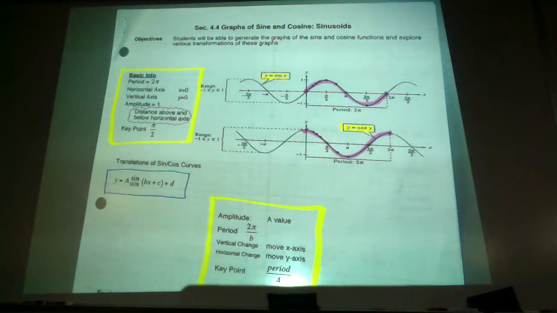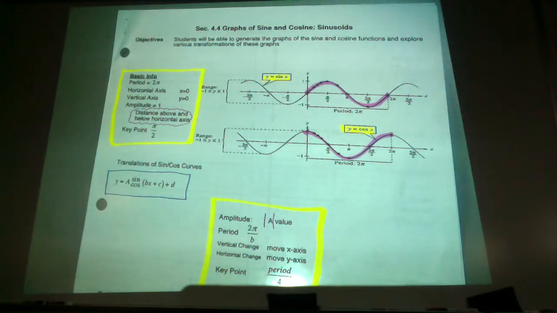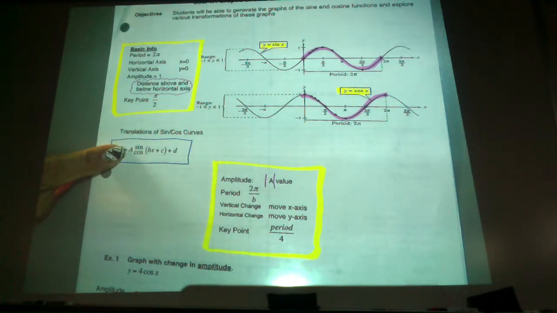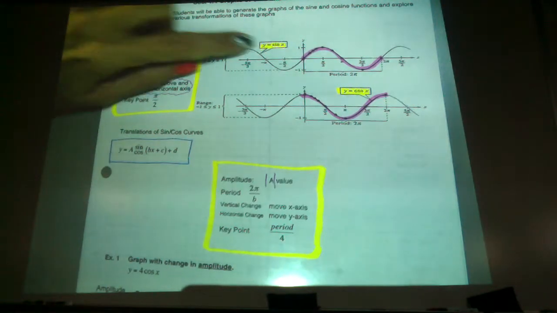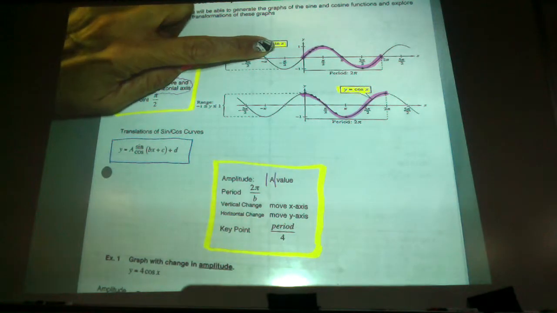So if you look here, we find our amplitude, and I want you to add here to take the absolute value of A. A is whatever might be in front of this word sine or cosine. Now I say absolute value because what if I have y equals negative 5 sine of x?